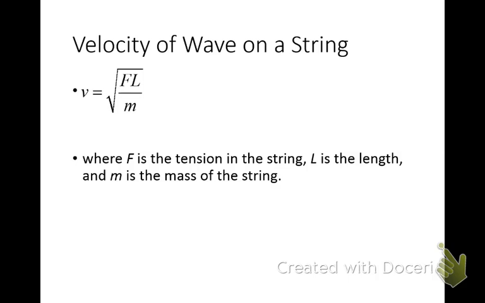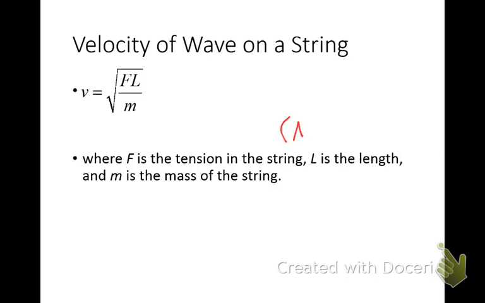A special example as well is if you have a wave on a string, or anything that can hold tension. The velocity of this wave on a string is going to equal the square root of F times L over M, where F is the tension in the string. That'll be measured in newtons. That's just a force.